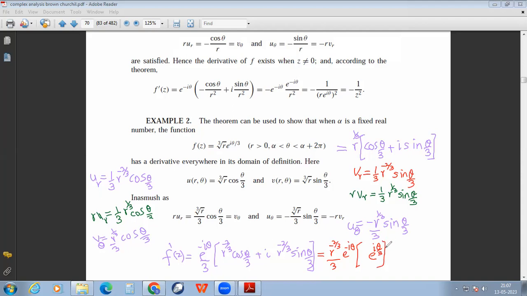So this is 1 theta by 3, and from that you are subtracting minus 1. 1/3 minus 1 means minus 2 by 3. So very directly you are getting r raised to minus 2 by 3 into e raised to minus i times 2 theta by 3, and upon 3. Followed? Yes, ma'am. So this way you have to calculate.